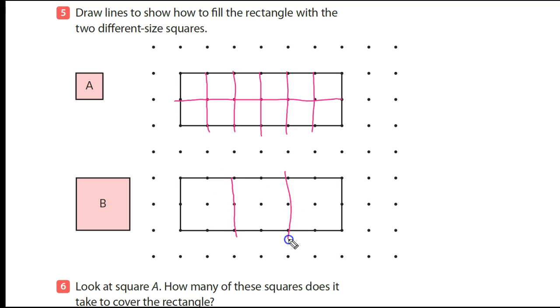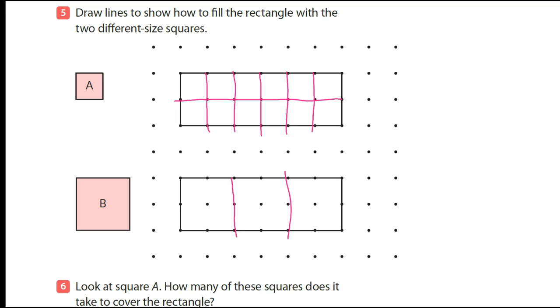The same thing like this? Is that what I should do? This unit square is not the same size as that. That's all I need right there.